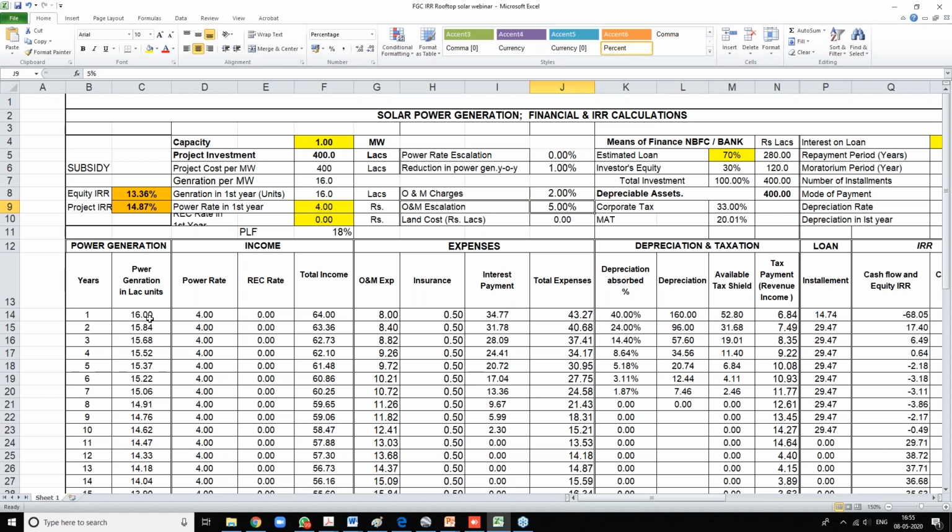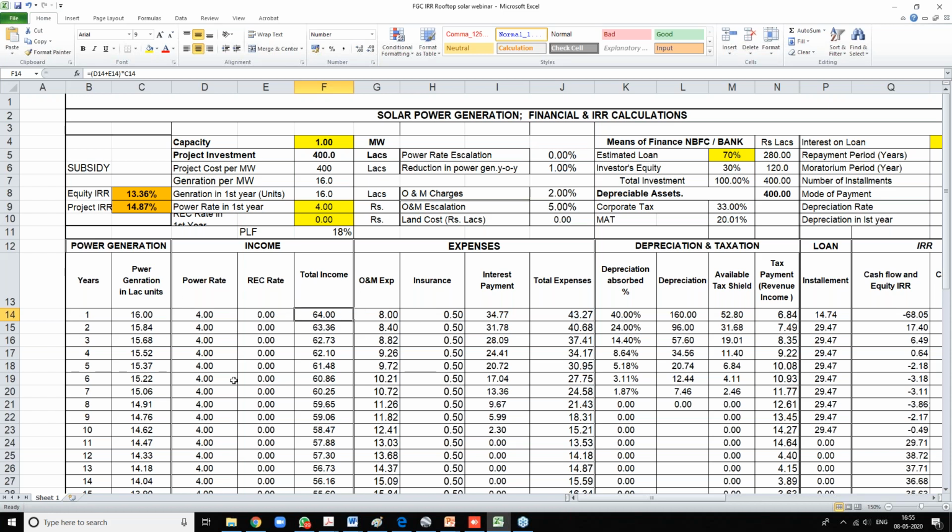Now, in year 1, you are producing 16 lakh units of electricity, which is being sold at a rate of 4 rupees per unit. Total income is 64 lakh rupees. Here we have considered that there is no REC or green bond or CDM, no other income, for the sake of simplicity.